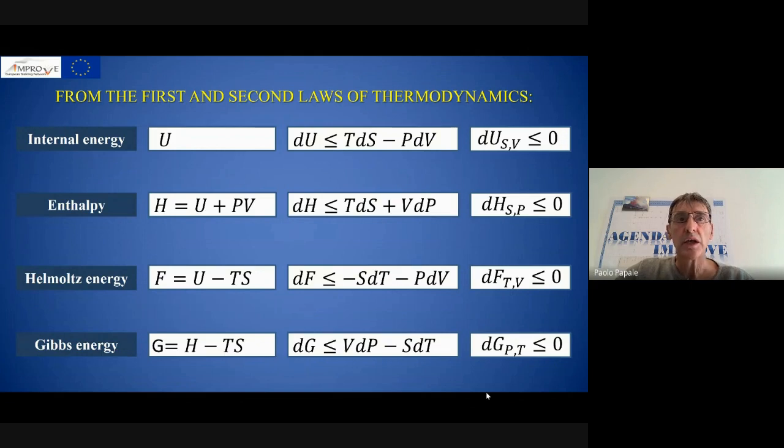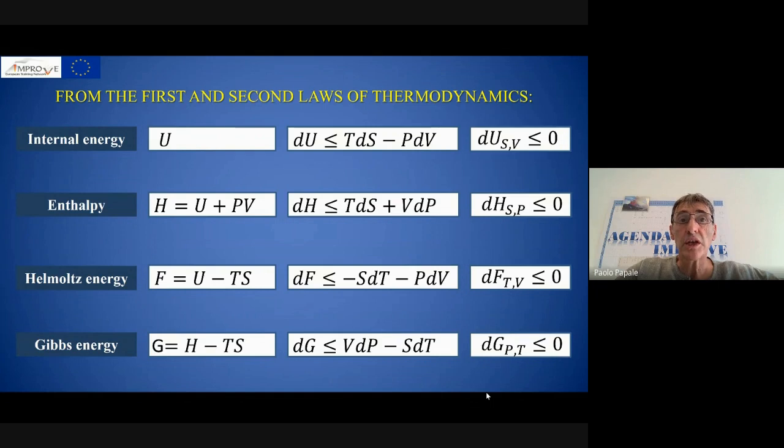In this slide, I summarize what we have seen till now. On top, we have the internal energy, that the combination of the first and the second laws of thermodynamics tell us to be a function of entropy and volume. We have then switched variables through Legendre transformations and have defined other three measures of the energy of the system, namely enthalpy, Helmholtz energy, and Gibbs energy.